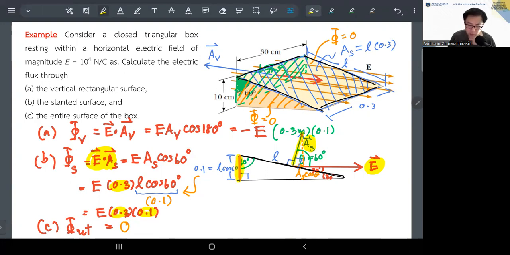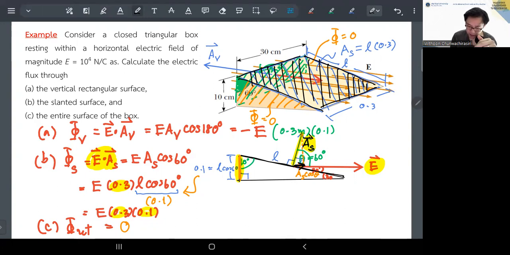So when we were trying to do the calculation, we want the area of this slanted surface. That's no big deal. But when you want to do the dot product between the slanted surface area vector and E, you have to do that cosine 60. And when you do the cosine 60, you only care about this tiny component here, right?